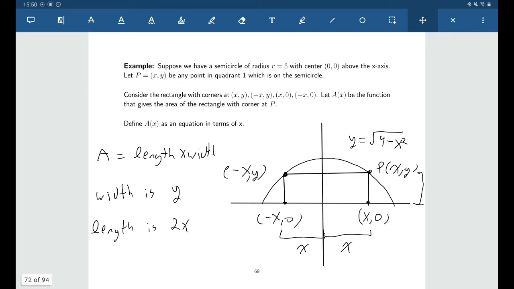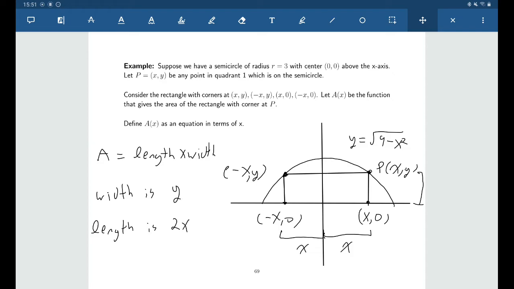A similar sort of thing here: we said that x and y were our coordinates in quadrant 1 for that one point that we had picked. And so the one thing that we know is that there's a restriction, since you're on that semicircle, x could not be any larger than 3.